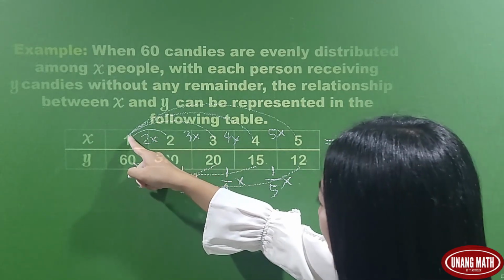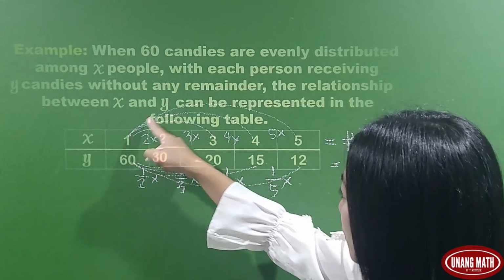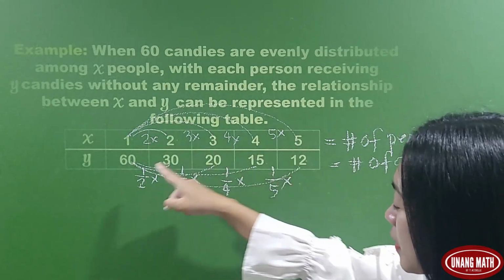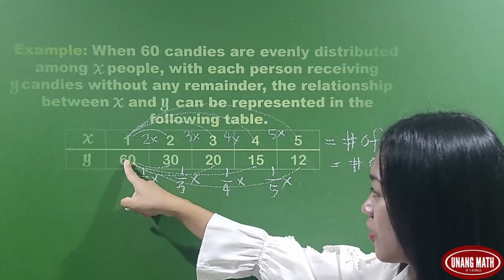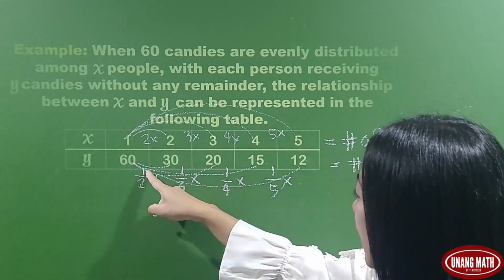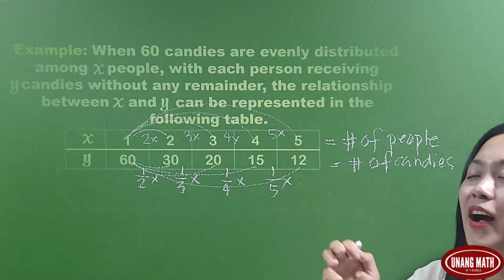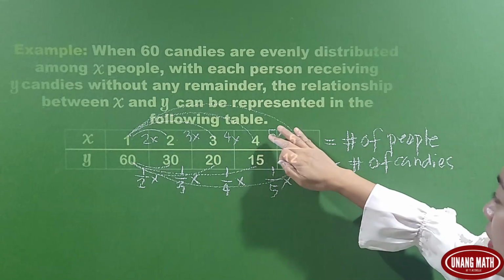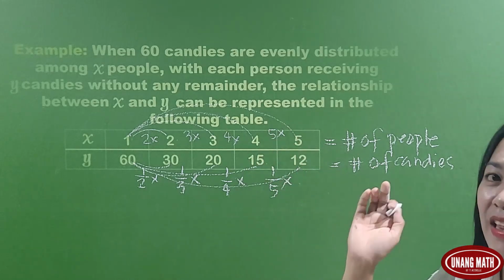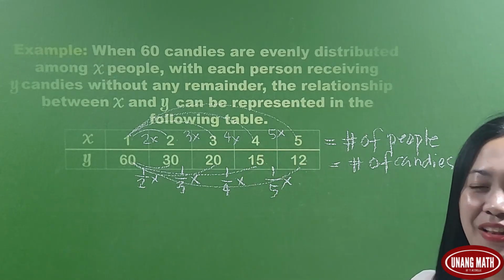Here, it changes 2 times, 3 times, 4 times, 5 times, while here, it changes to 1/2 times, 1 over 3 times, 1 over 4 times, and 1 over 5 times. It only means that these two quantities are inversely proportional.